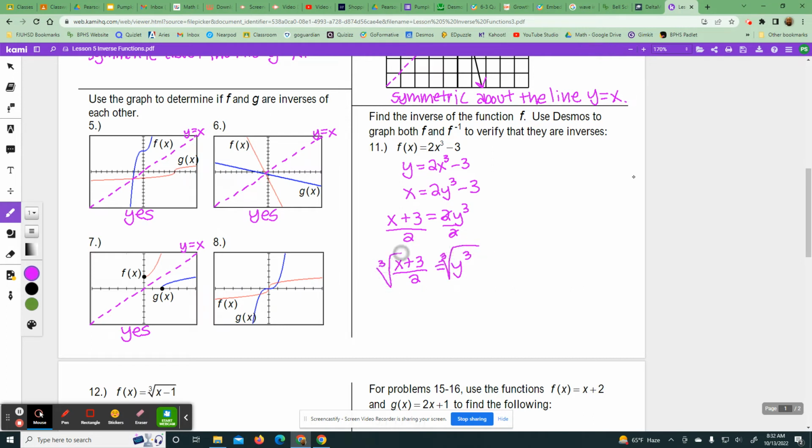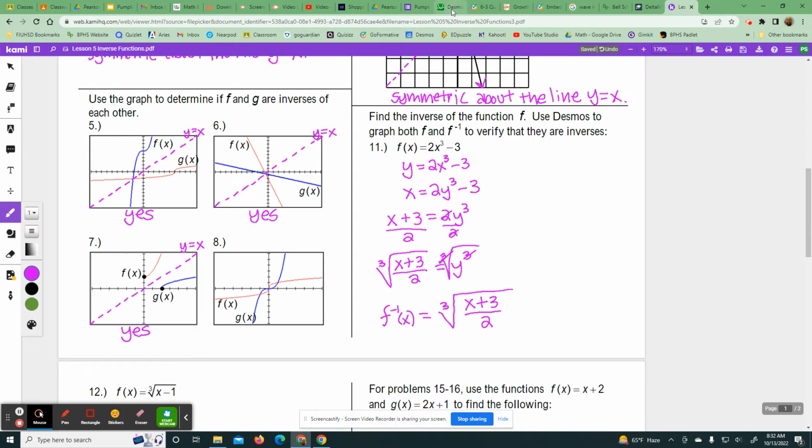So I take the third root of both sides, and then there I have it. So that cancels. I end up with y equals this, but I'm going to write it in inverse notation. So I'm going to say f inverse of x equals this third root of x plus 3 all over 2. Okay? So now let's go ahead and check it in Desmos.